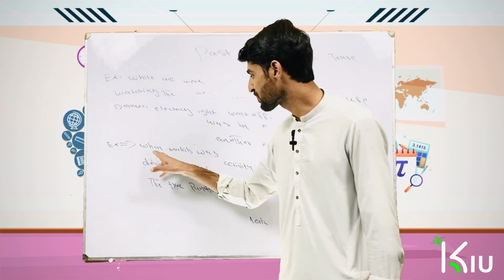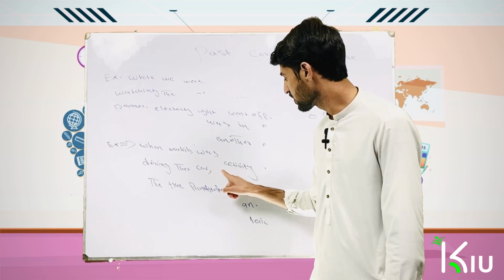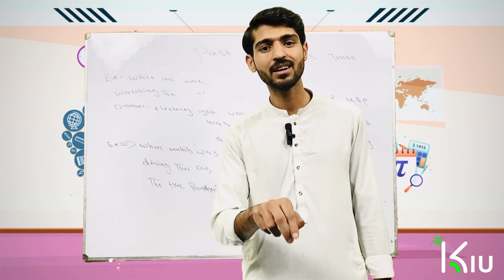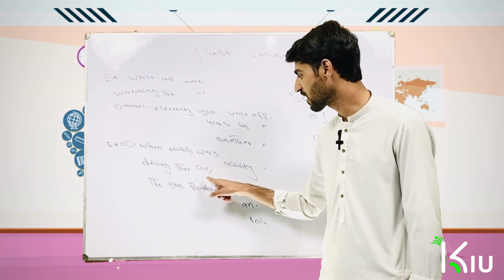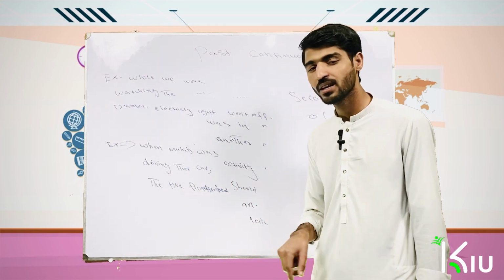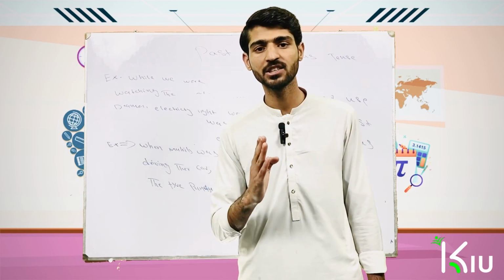Next example: when Mohib was driving the car, the tire punctured. Now here are two actions. The first action is Mohib driving the car. The next action is the tire puncture. Now I want to show it in past continuous tense.